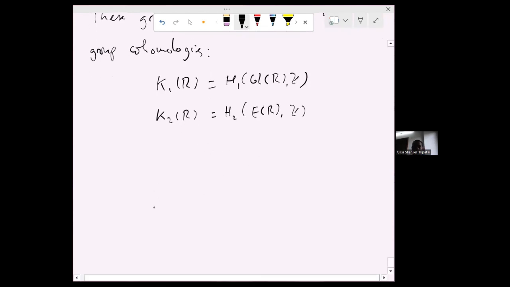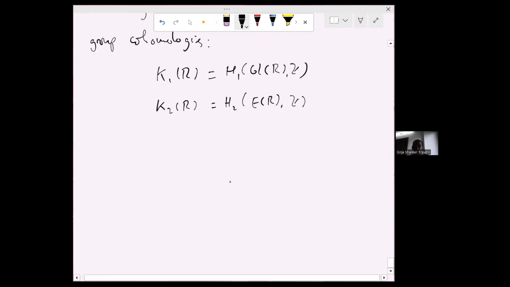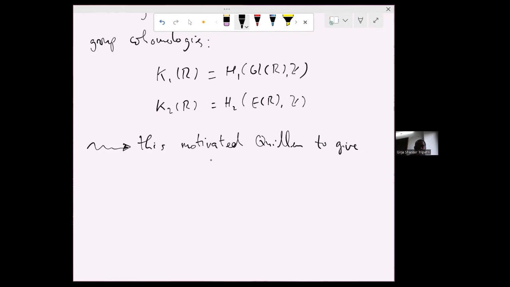And while Quillen was studying these things and other related things, he noticed that one could do the following to the topological space BGLR. This understanding of these two groups in terms of group cohomology led Quillen to give the first definition of higher algebraic K theory of rings, which is the plus construction.